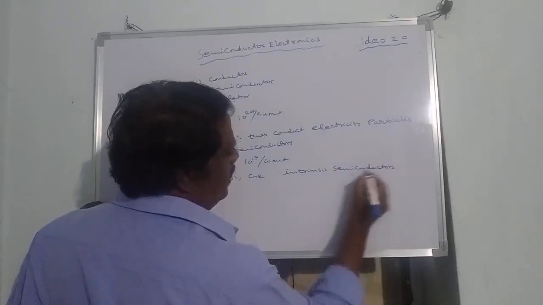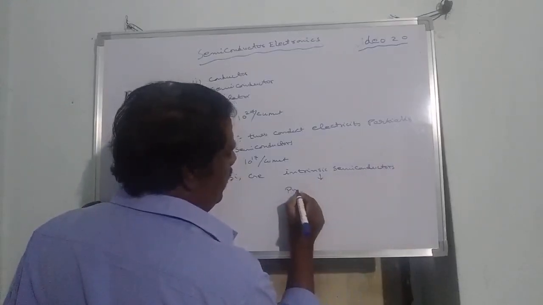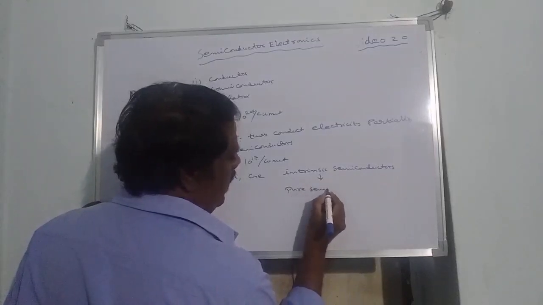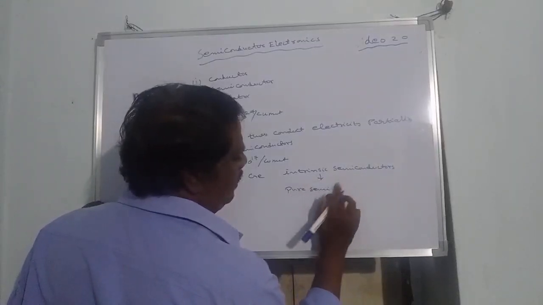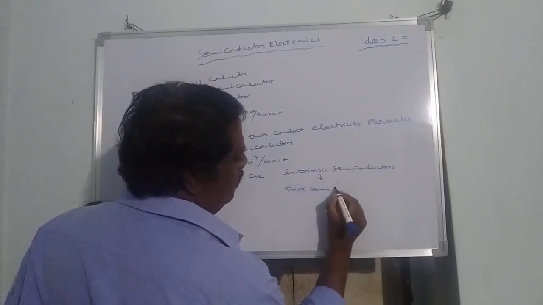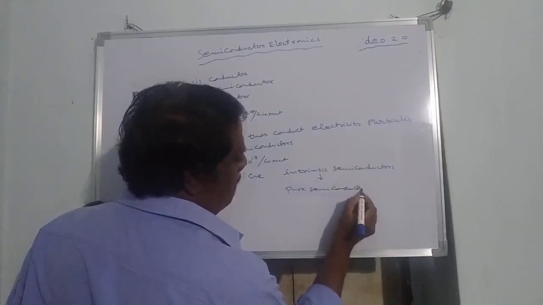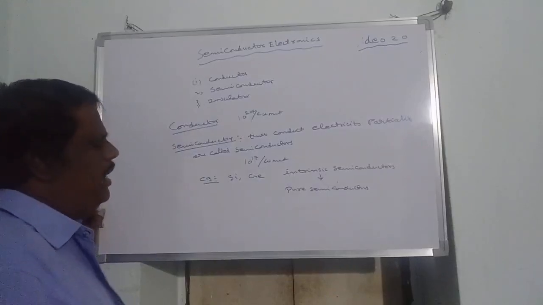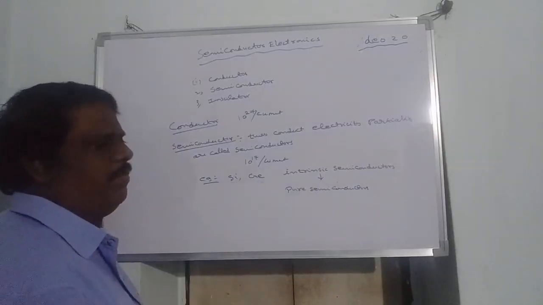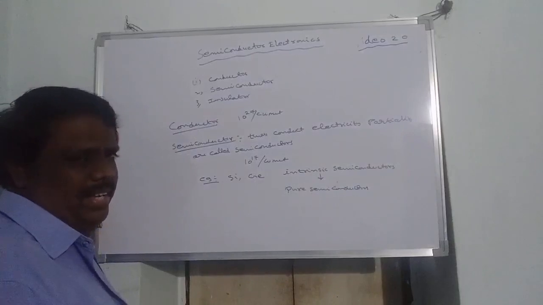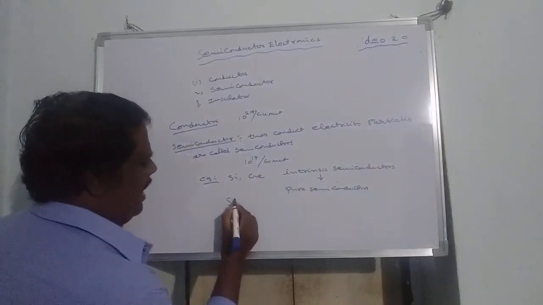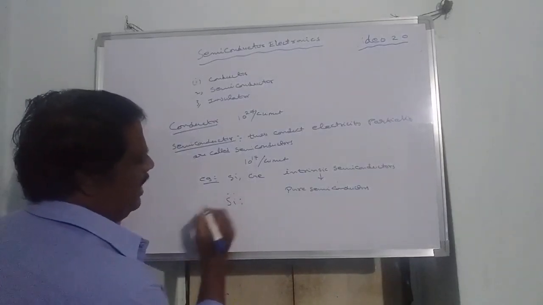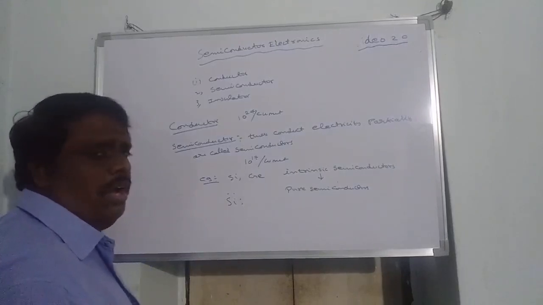Intrinsic semiconductors means pure semiconductors that do not have any impurities. What are the examples of an intrinsic or pure semiconductor? Silicon and germanium. They are tetravalent. Tetravalent means they have 4 valence electrons in their outermost orbit.